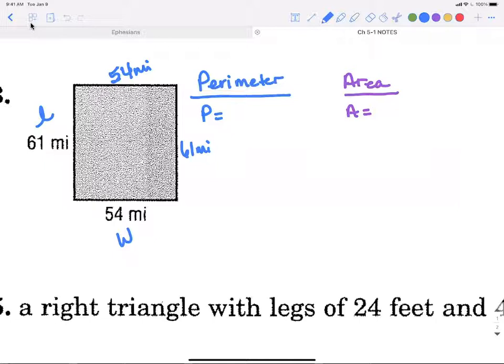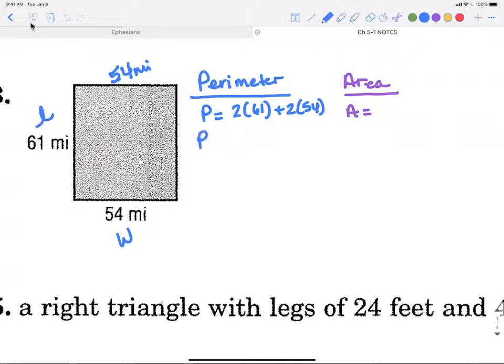So our perimeter is 2 times L, which is 61, plus 2 times 54. Because when we're doing perimeter, we're basically adding up all the sides, okay? So we need 2 61s added together or multiplied by 2, and we need 2 54s. So that's why we're multiplying it by 2. So let me erase this just so I have room here.